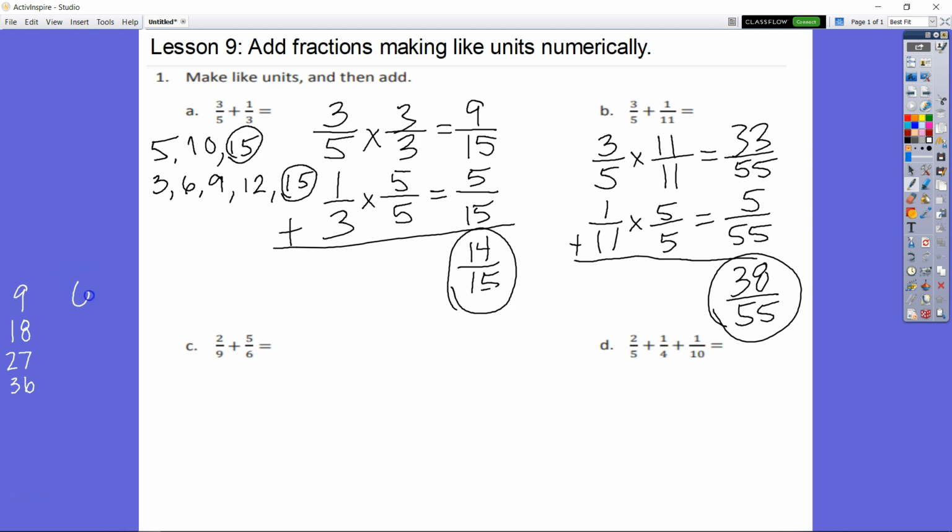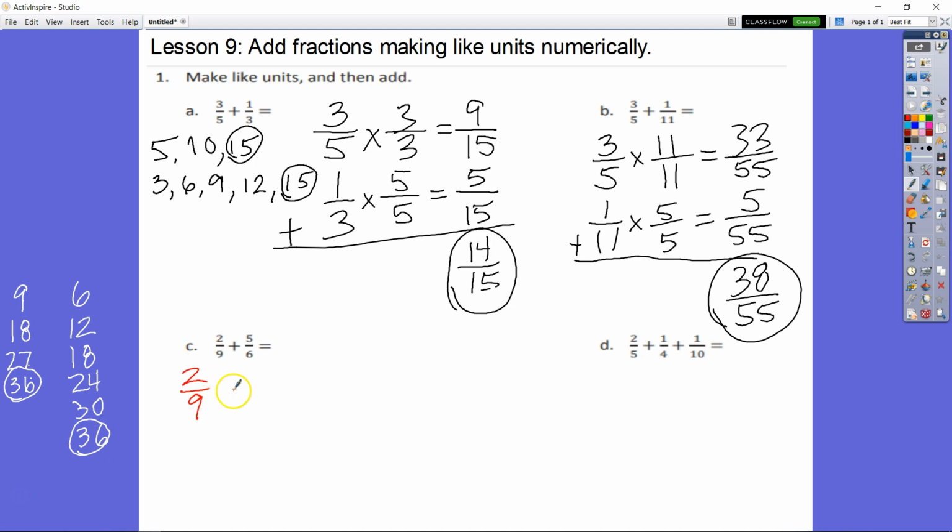And if we did 6, we would do 6, 12, 18, 24, 30, and 36. So we notice that our first common multiple is 36. 1, 2, 3, 4. 9 times 4 is 36, and 1, 2, 3, 4, 5, 6. 6 times 6 is 36.